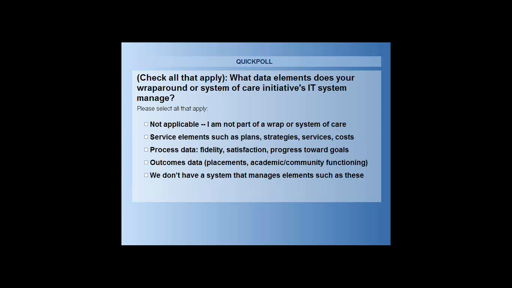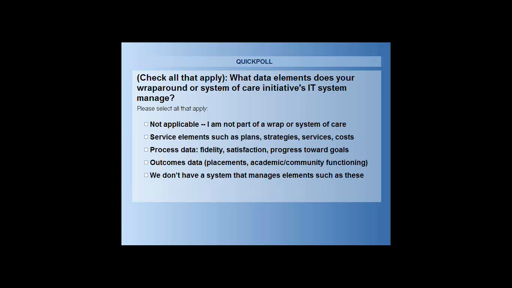So one question is, among those who are on the webinar right now, and it's 160 it looks like, what data elements does your wraparound or system of care IT system manage? This could be not applicable because you're actually not part of a system of care yourself, or you don't have a system that manages elements such as these. But you also have some options that you can check, and you can check all that apply.